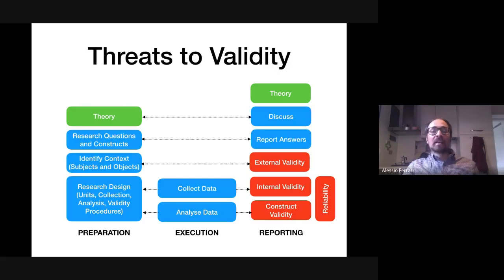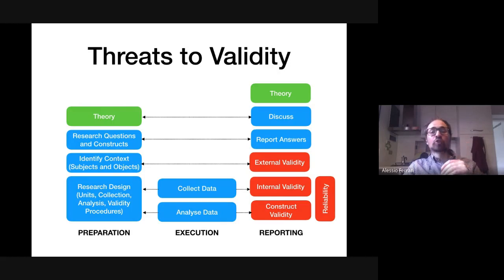Okay. And construct validity is related to the analysis of data mostly, because I am dealing with mapping constructs defined in relation to research questions into actual measures.